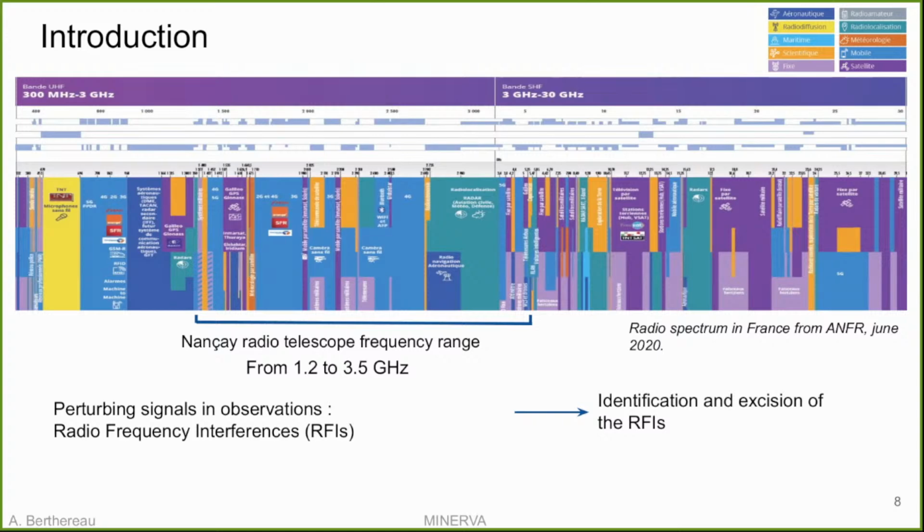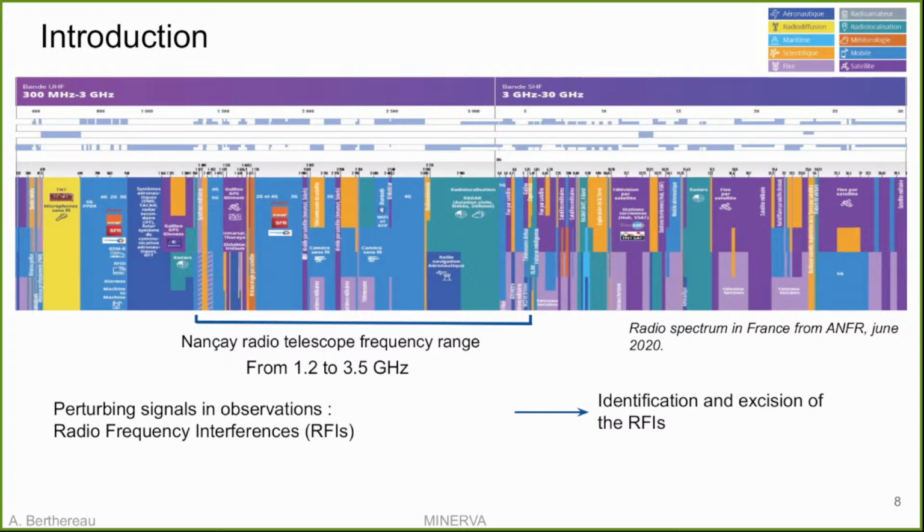At the NASA Radio Telescope, we're observing in radio, in the frequency range from 1.2 to 3.5 gigahertz. And here you have the spectrum in France for this frequency range. And as you can see, this is kind of crowded. There are a lot of other applications for this frequency, so we are not alone.